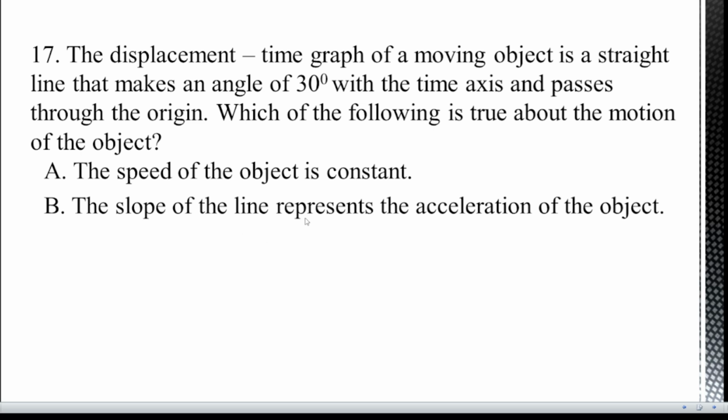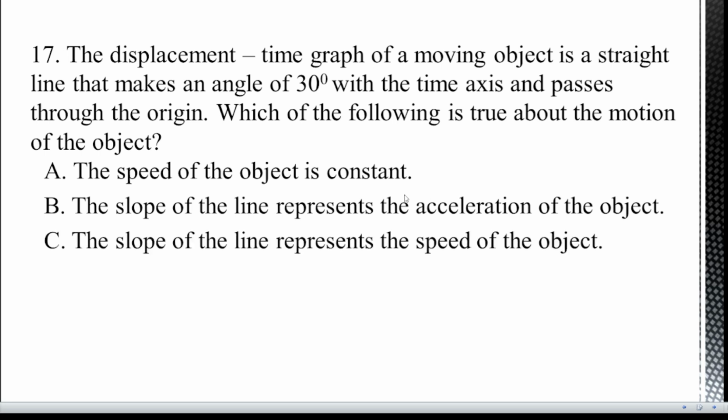B, the slope of the line represents the acceleration of the object. No, it represents the speed or the velocity. It's not the acceleration. The slope of the line represents the speed of the object. Yes. So the answer could be A and C. D says A and C.